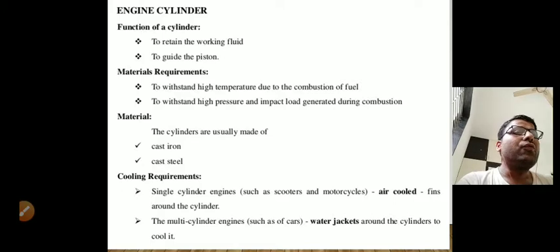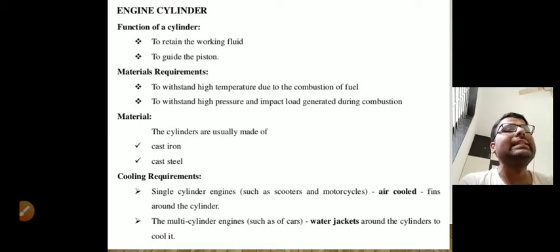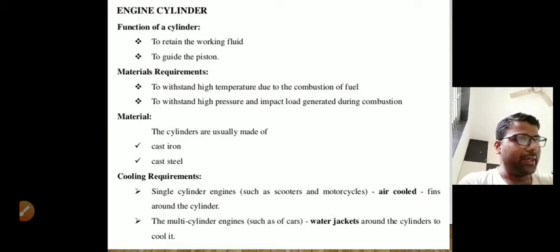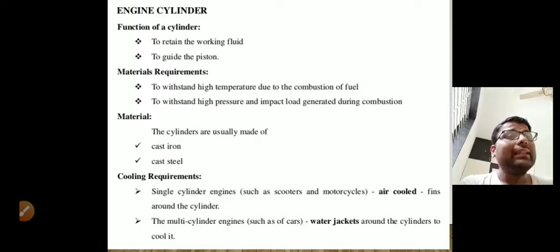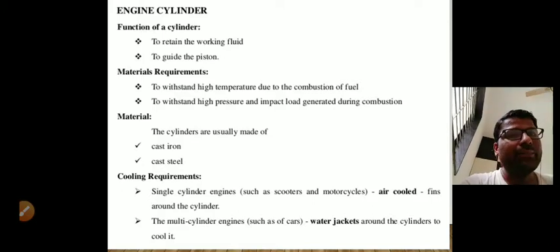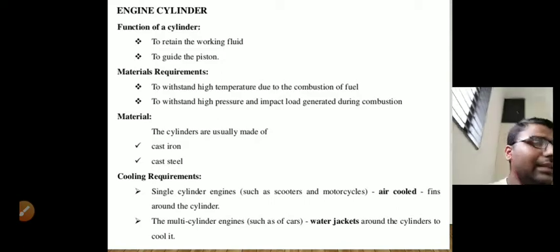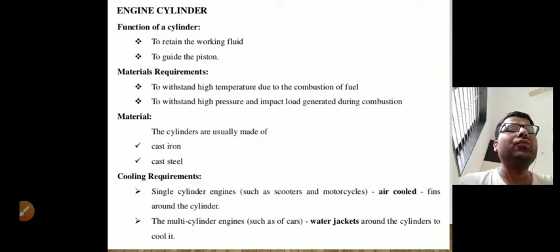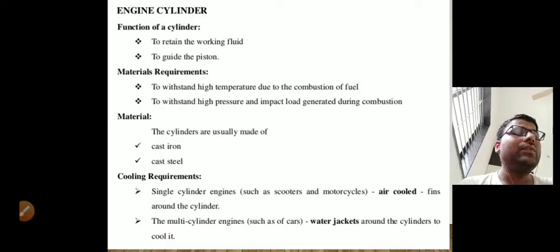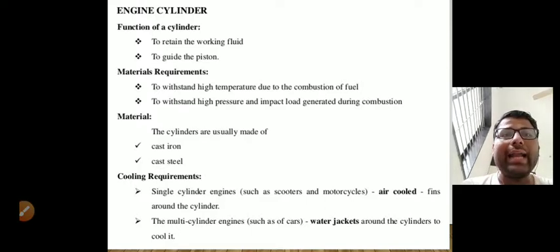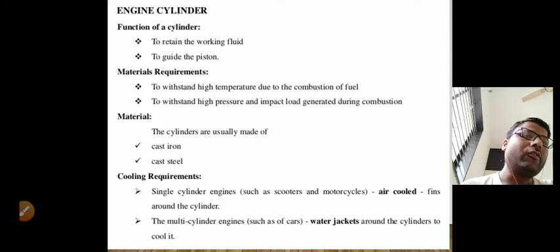Because the combustion of fuel occurs inside the cylinder in the IC engine, whereas in an external combustion engine, the combustion takes place outside of the cylinder. But in the IC engine, the combustion of fuel takes place inside the cylinder, so the temperature of the cylinder goes high. So the first main requirement is to withstand the high temperature due to the combustion of fuel.